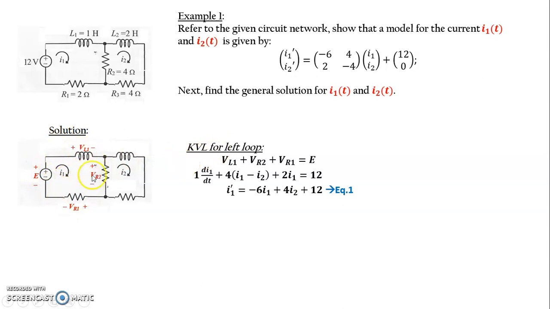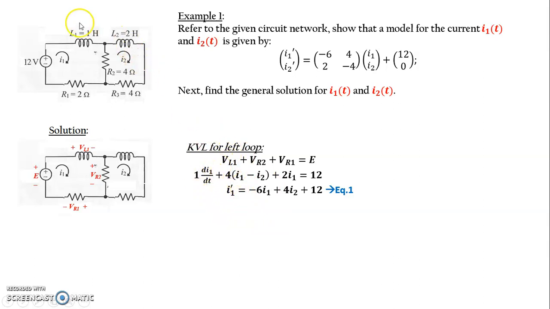So KVL for the left loop, according to KVL, total of voltage drop is equal to total of voltage rise. So voltage drop dia VL1 plus VR2 plus VR1, equal to voltage rise, which is E. After that kita boleh substitute each of the terms with the formula. VL equal to L di/dt.